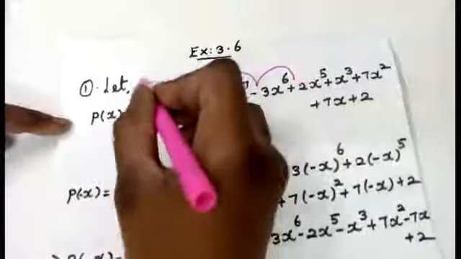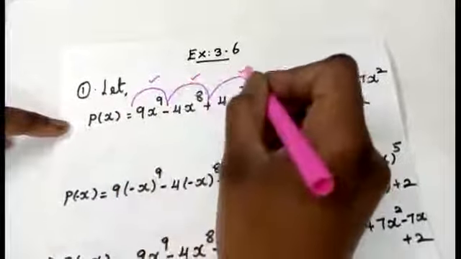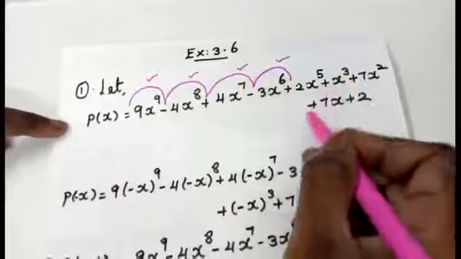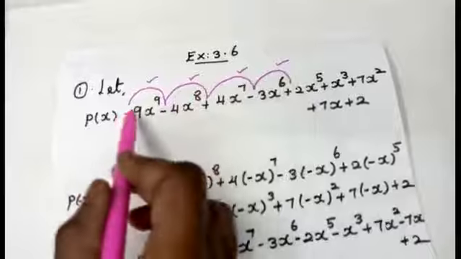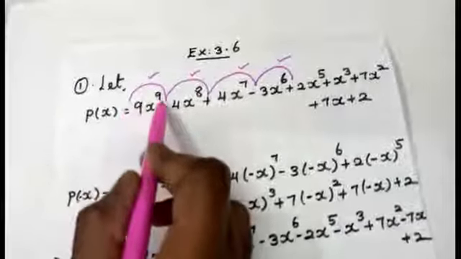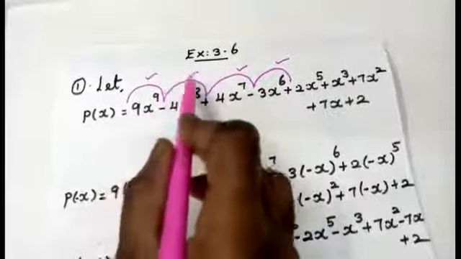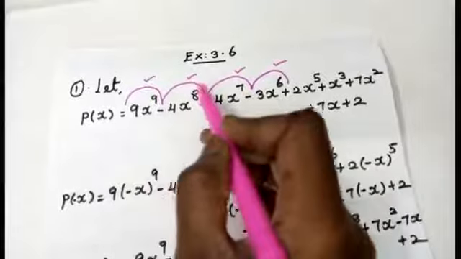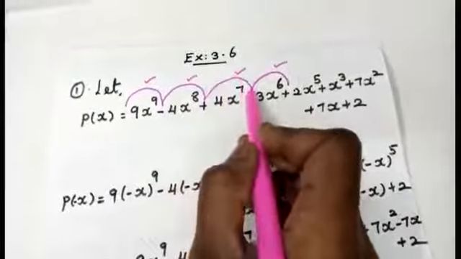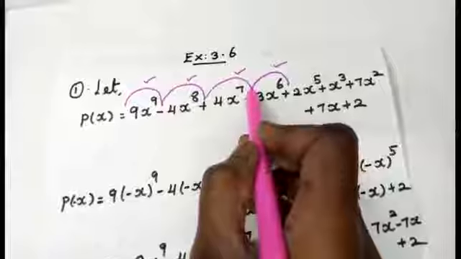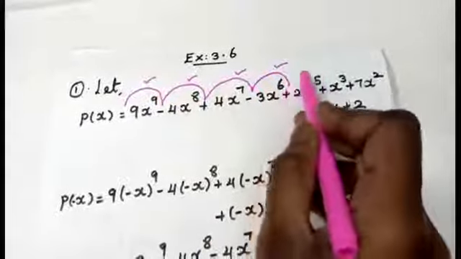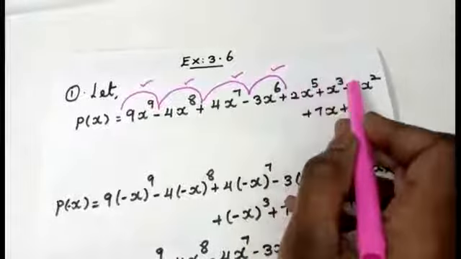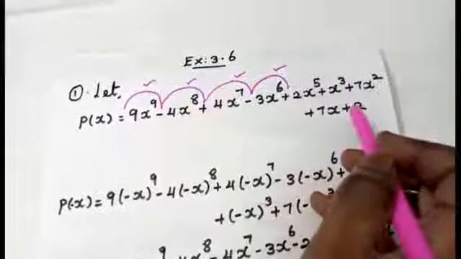How many times is the sign changed here? 4 times: 1, 2, 3, 4. Positive to negative, one sign change. Again negative to positive, second. Positive to negative, third. Negative to positive, fourth. Now if you jump and see here, everything is positive, so there is no sign change.